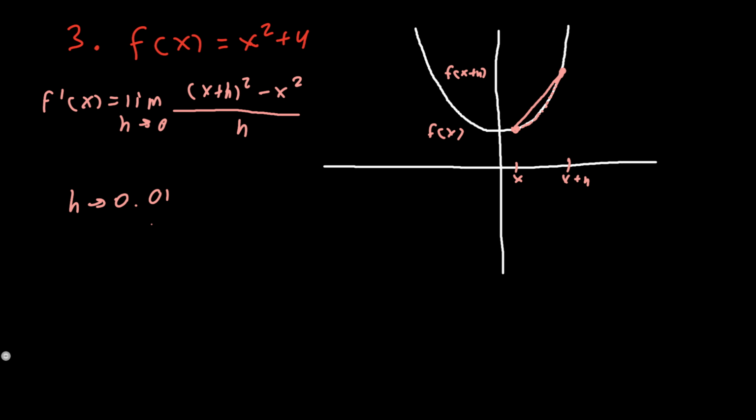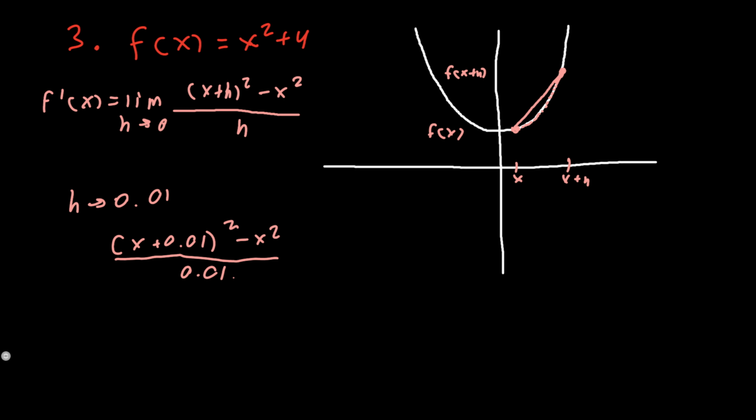Then we could actually define our slope like this. And we can see that we are going to have x plus 0.01 squared minus x squared divided by 0.01.